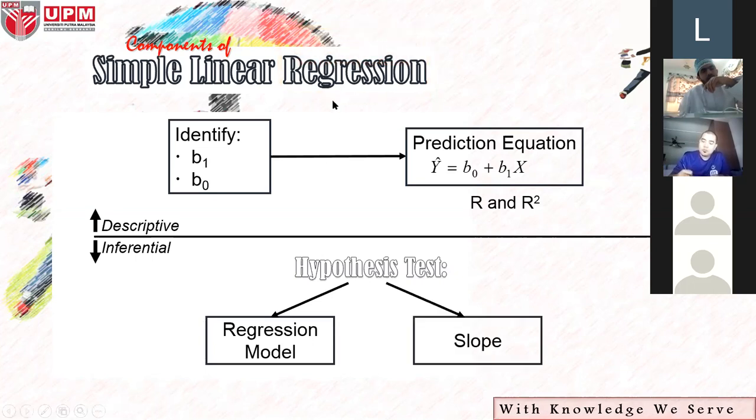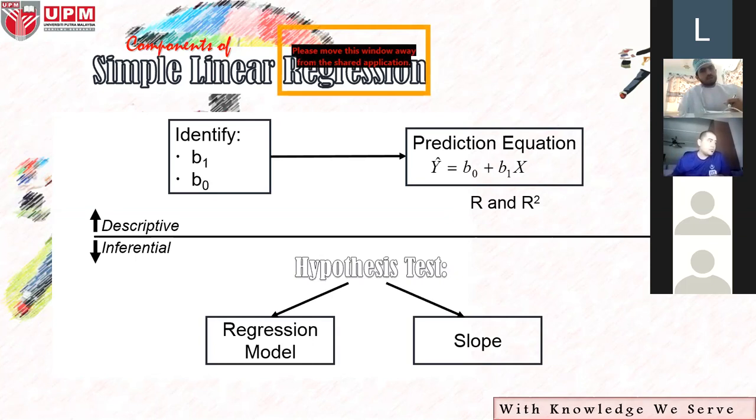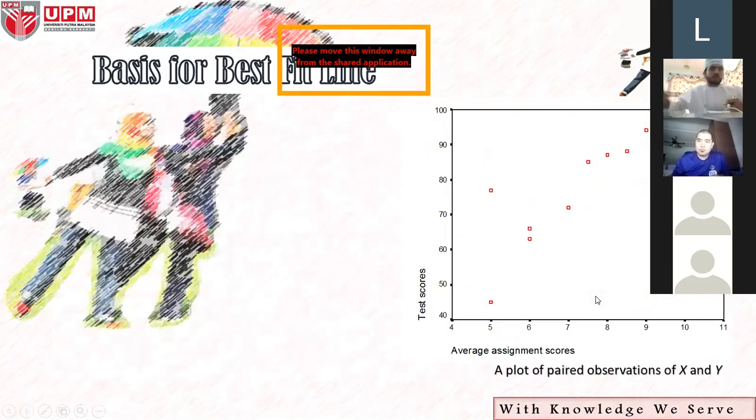But actually there is no need for you to statistically calculate. You only need to extract from the table, because everything will be given to you. For the descriptive, there is no need for this. You are already good at this.